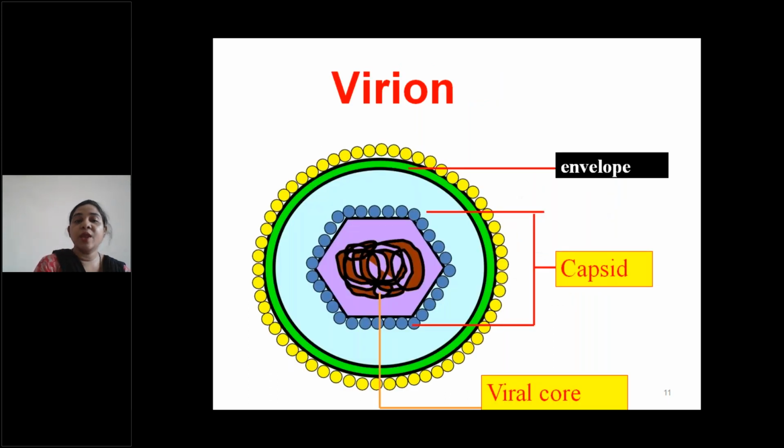And the parts of the virion, see, this is the complete structure. There is an envelope, there is the capsid, and inside the capsid there is the genetic material. Right? So everything is present. It is fully developed. So a fully developed infectious particle is called a virion.